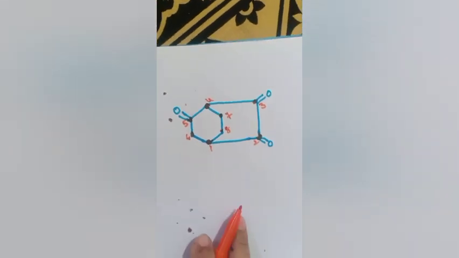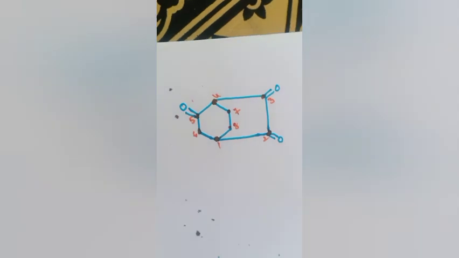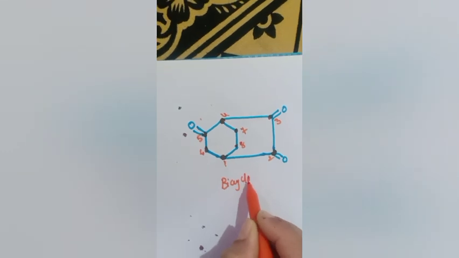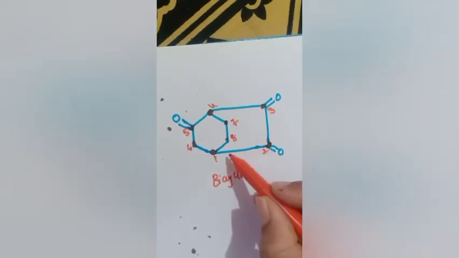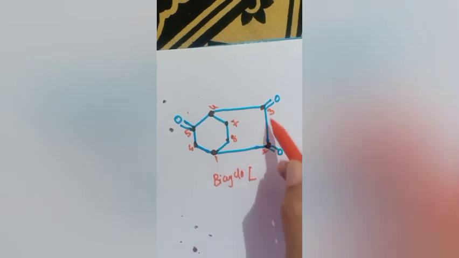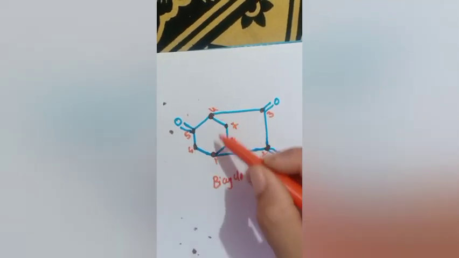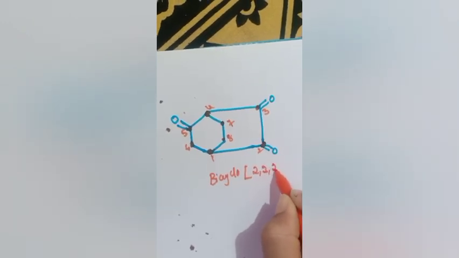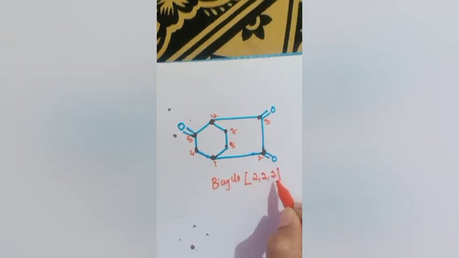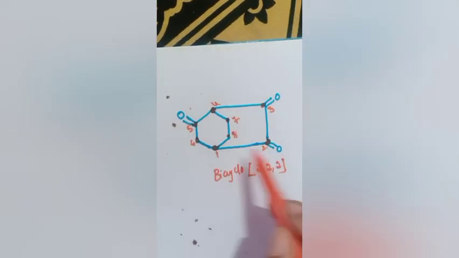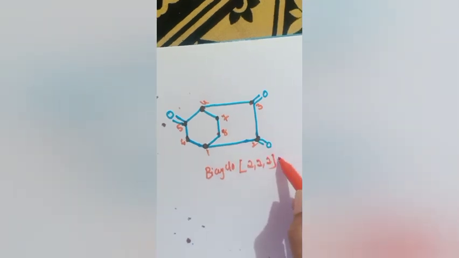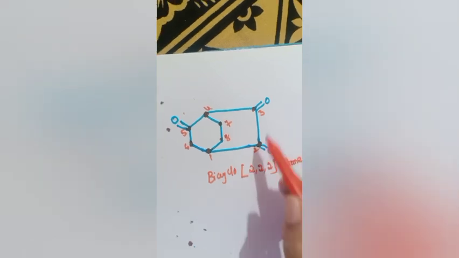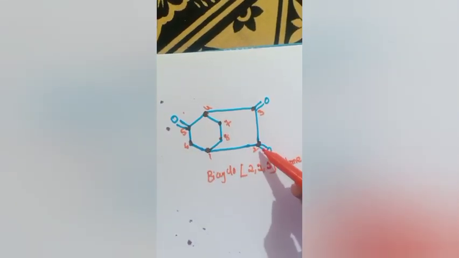See, at this time how do we give the name? First we have to write bicyclo. Bicyclo means the number of carbon atoms from the left side and the right side. There are 2, and here 2, and between them there are 2. So equal numbers of carbon atoms are there: 2, 2, 2. Then the number of carbon atoms in the parent is octane, and the functional groups are at which positions?